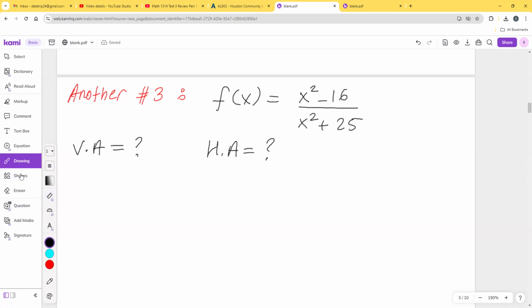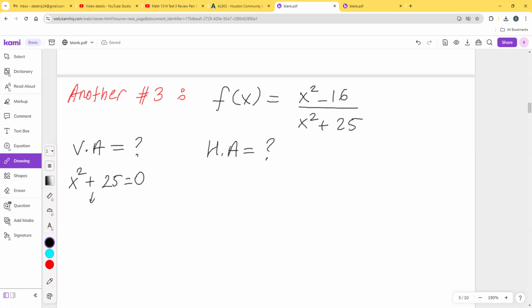Now, Lily, your answer would be correct if this wasn't a plus 25 here, if it was a minus 25, because then I can factor it. But since it is given as positive, I take the denominator and set it to 0. When I solve this, there is no real number; you get 5i and negative 5i.